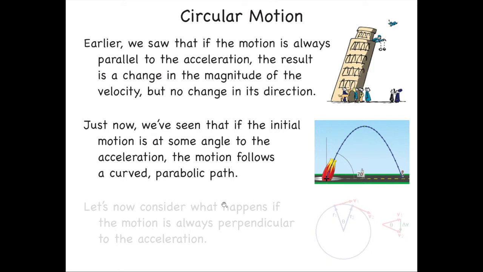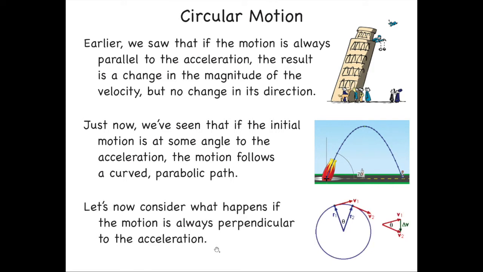So now let's consider what happens when the motion is always perpendicular to acceleration. You notice here that because the direction of the motion is changing over time, although the initial angle of the projectile with respect to the acceleration downward was, say, 20 degrees, that angle is changing over time.